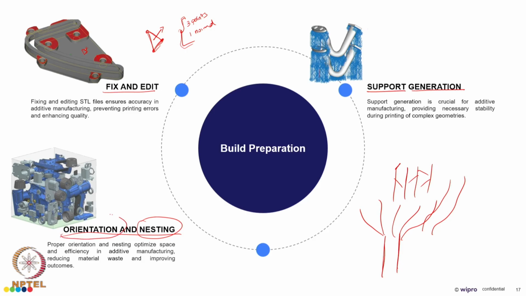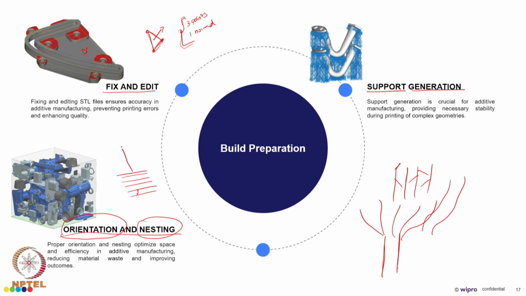And orientation of a component is very necessary. The reason is different technologies will have different types of strength. Basically when it comes to FFF technology, that is fused filament fabrication technology, where the layers are made like this, there is a particular property called anisotropy, where we might not be able to get a better bonding between these two layers.